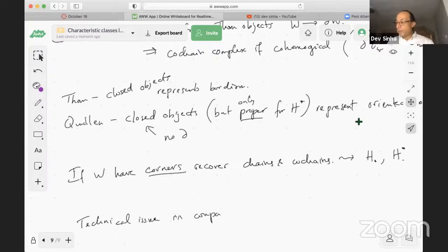In comparison, namely we can't have too many chains or cochains simultaneously.